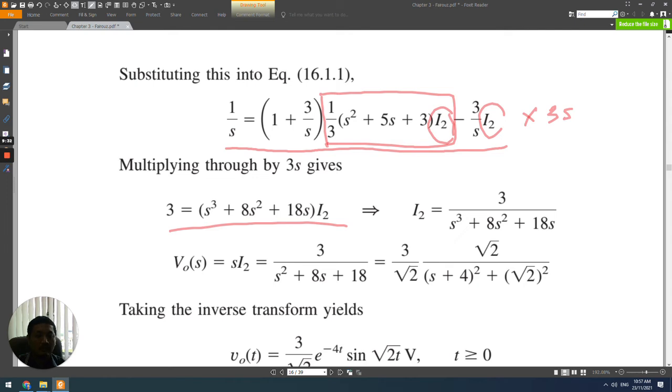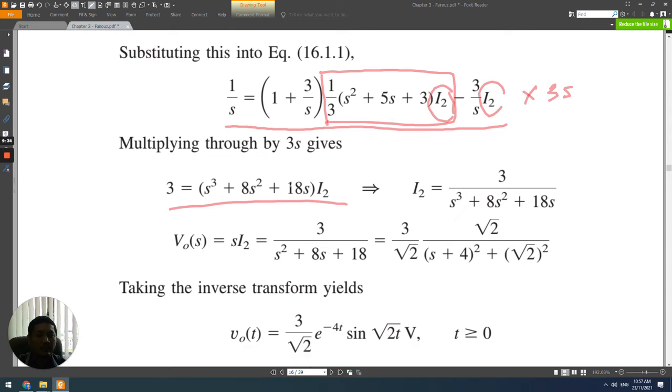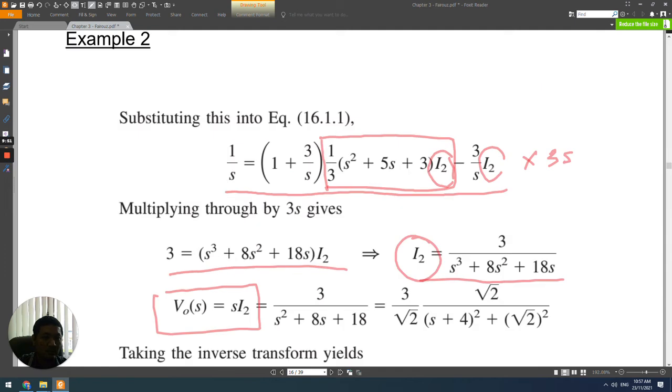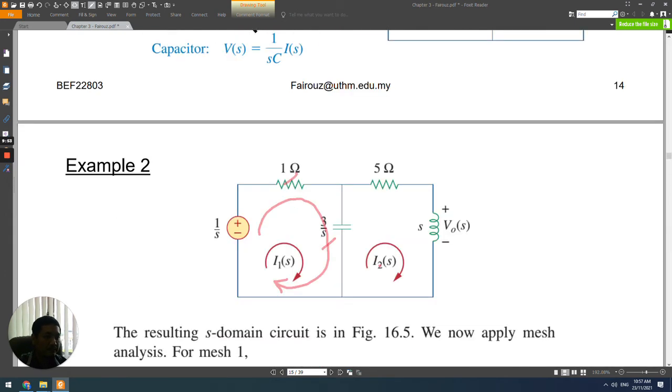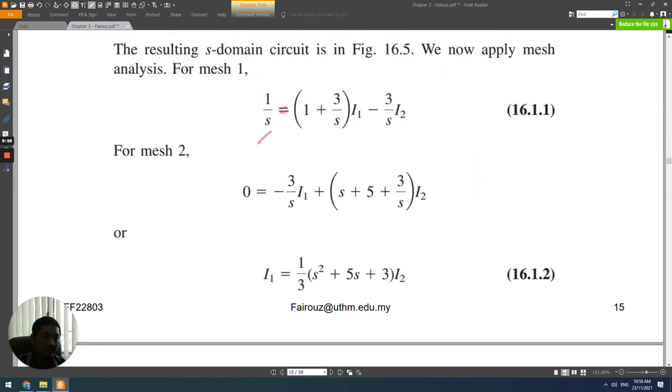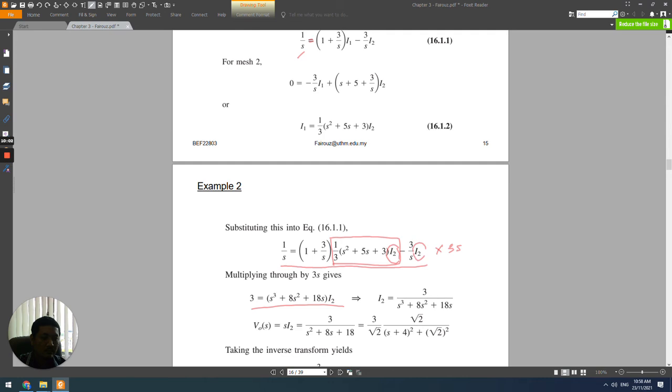And then we can rearrange this to become this, and now we can get I2 so that we can solve for V out. V out is basically S times I2.